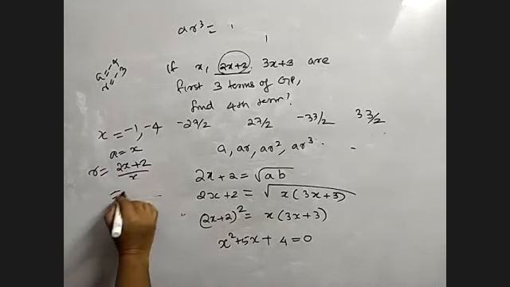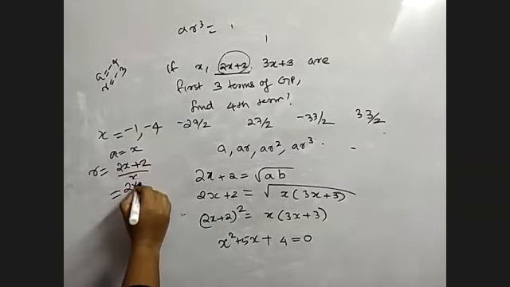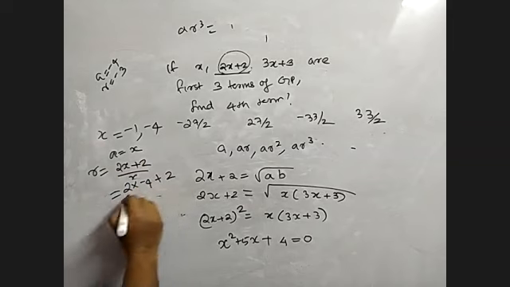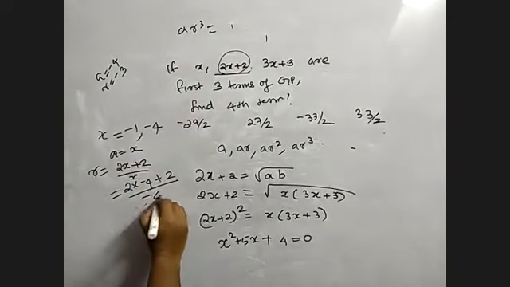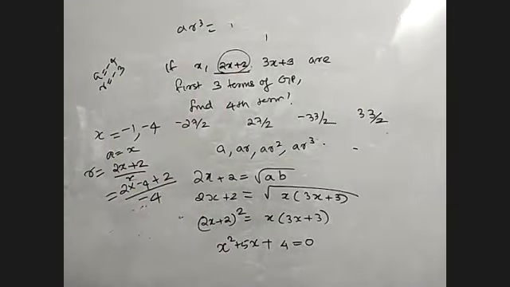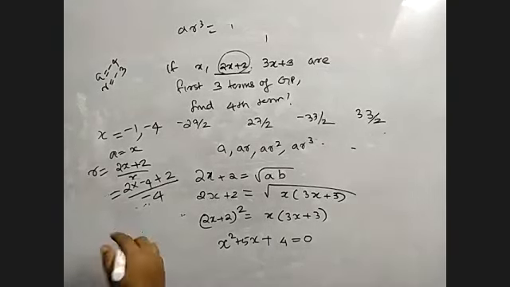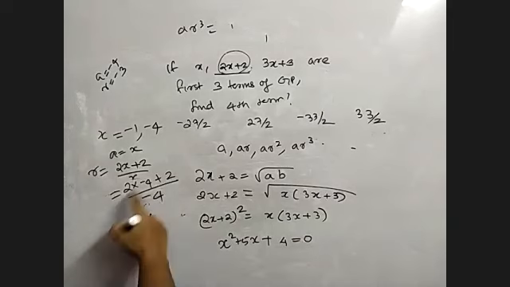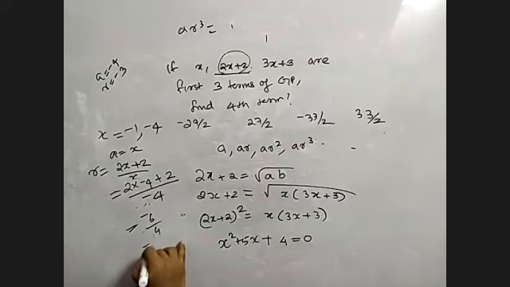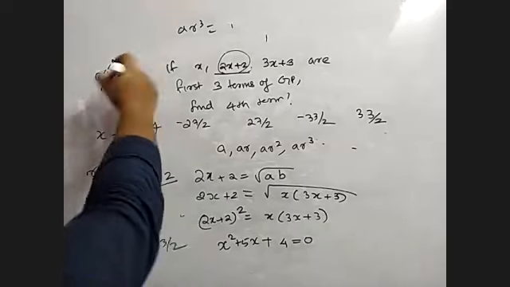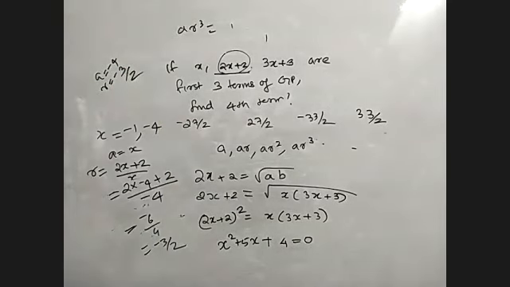I'll do again. X we took as minus 4, right? Minus 8 plus 2, so minus 6 by minus 4. So that is 3 by 2. Now substitute this.